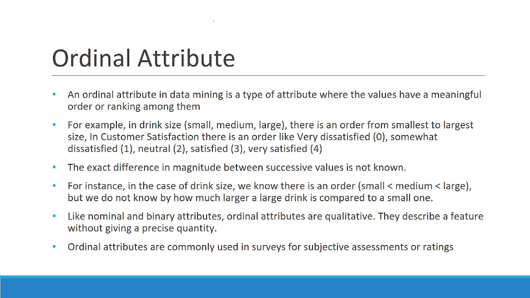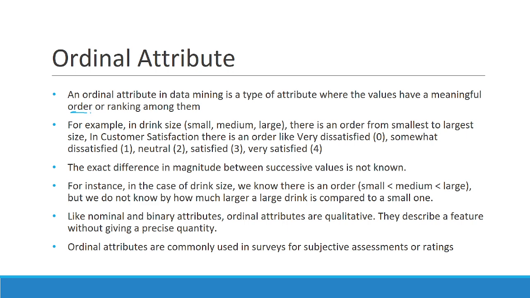Next, we have ordinal attribute. Ordinal attribute is a type of attribute where values have a meaningful order. Here also you will see attributes will have some labels, just like nominal.